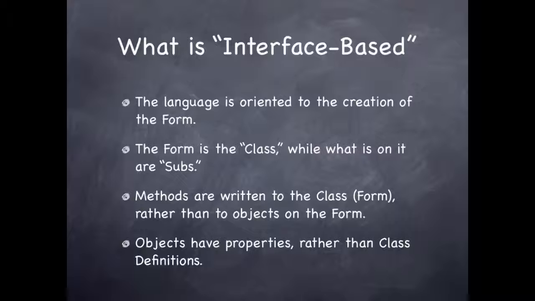Methods are part of the form, since the form is the class, rather than to objects. Objects have their own specific methods that cannot be changed. You can change what happens when those methods are performed, but you cannot write your own methods to objects. And objects have properties that you can modify rather than class definitions.